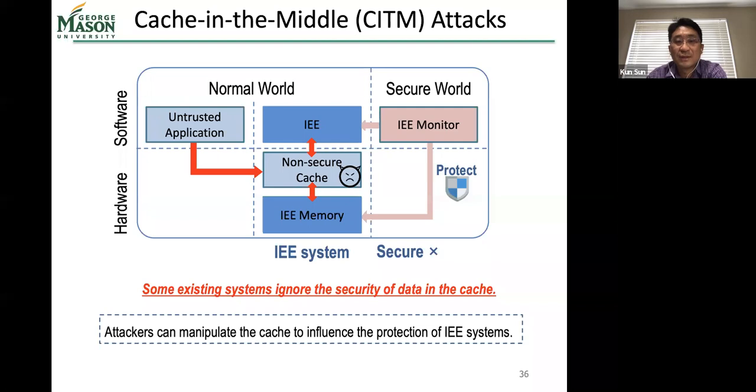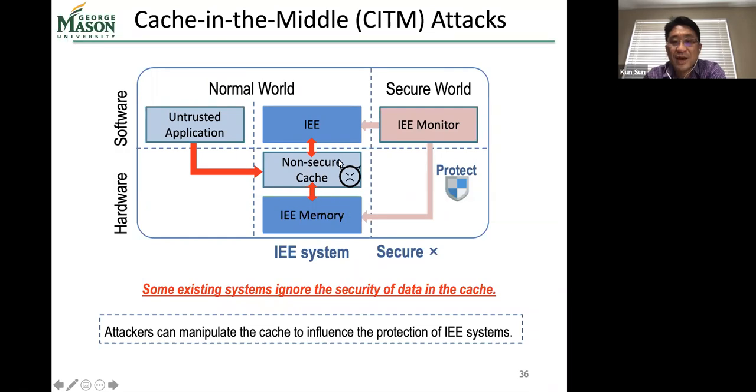When we studied the existing IEE work, including two NDSS 2019 papers, one is Sanctuary and one is Ginseng, they all propose IEE solutions, but they all suffer from an attack we call catch in the middle. The idea is that for protecting the IEE in the normal world, they focus more on protecting the IEE memory.